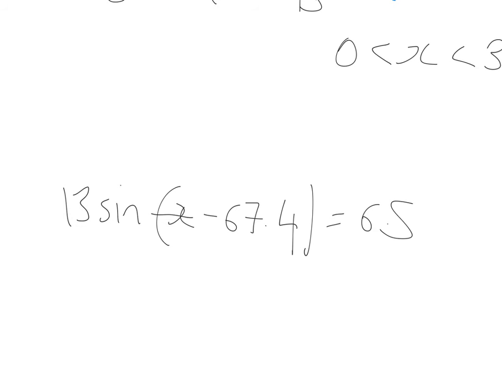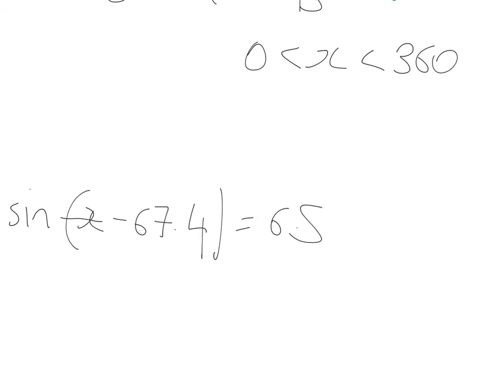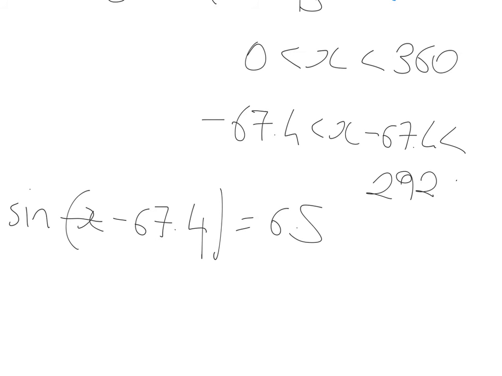So the first thing I'm going to do is to adjust my limits by taking away 67.4. So my new limits will be minus 67.4, and the upper limit will now be 360 take away that, and that's 292.6.